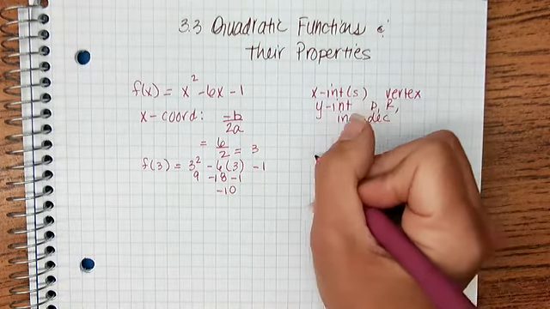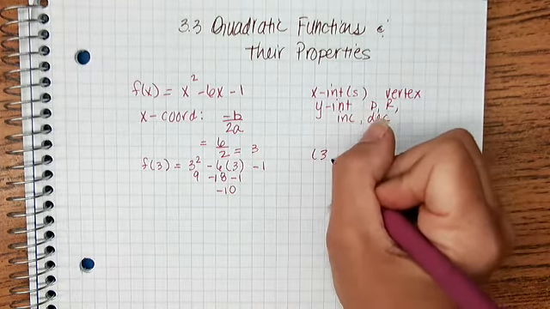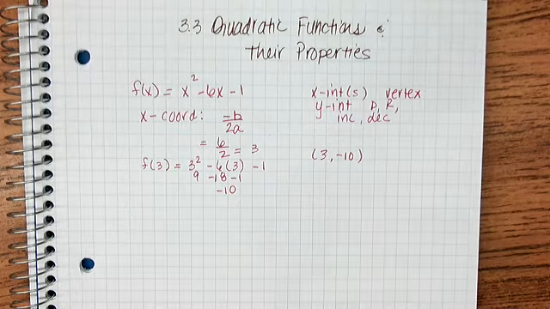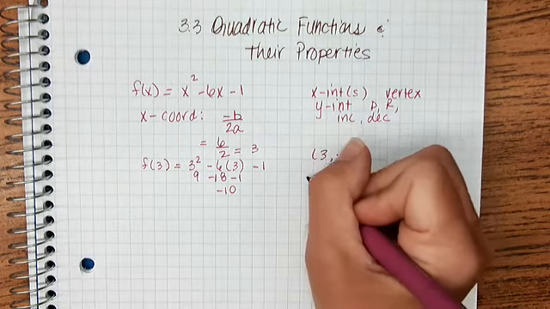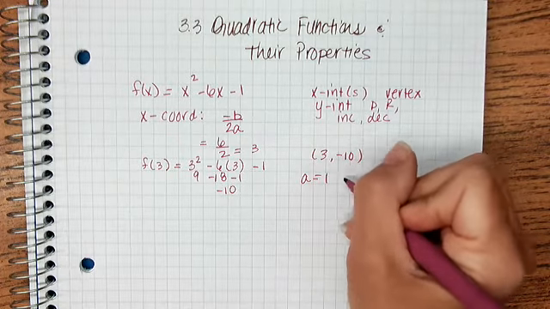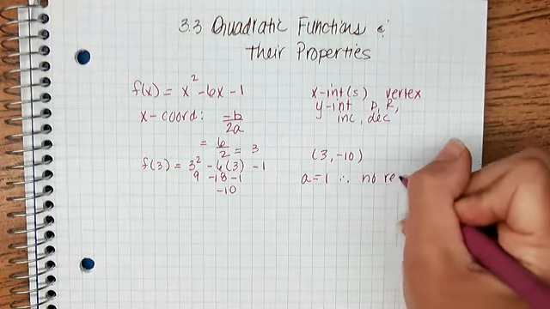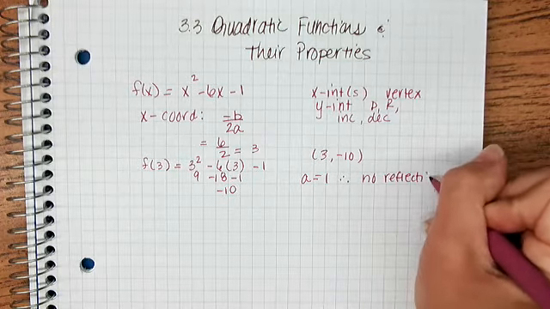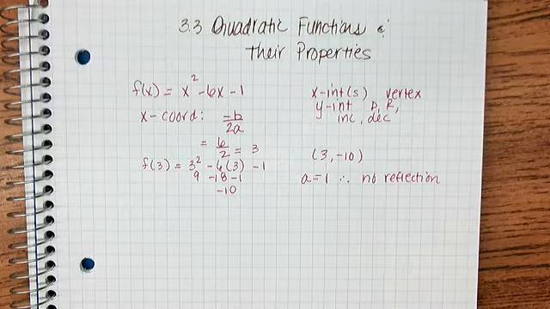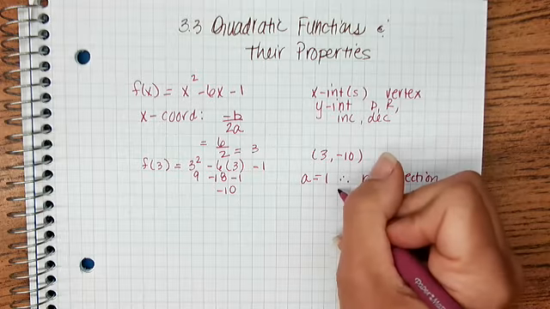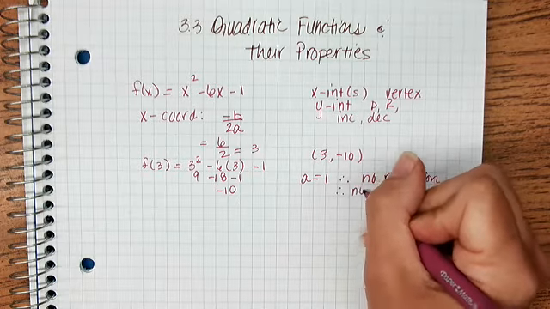So the vertex of this parabola is 3, negative 10. A is 1. Therefore, there's no reflection. If A was negative, then we would say it's a reflection over the x-axis. And because A is 1, there is also no stretch or compress.